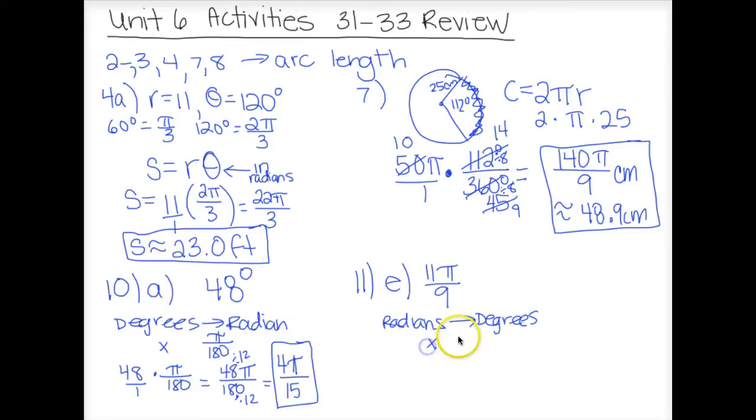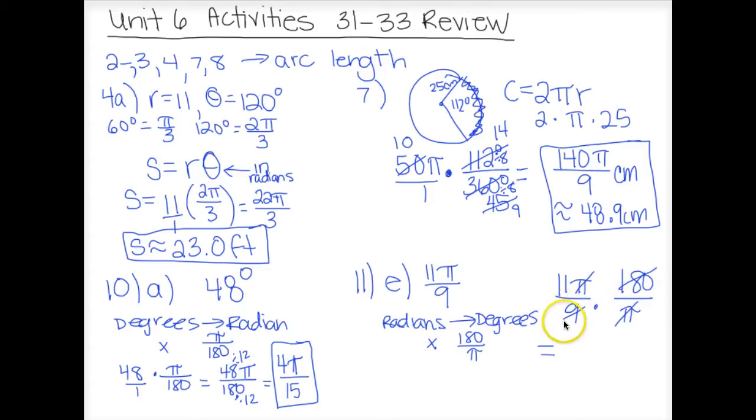So we multiply by 180 over pi instead in this case. I take my 11 pi over 9 and I multiply it by 180 over pi. The pi's are going to cancel each other out across here.